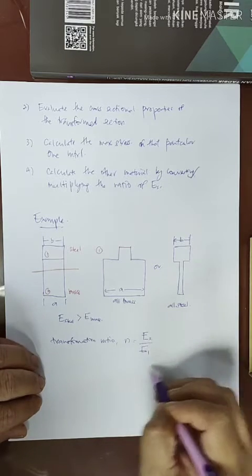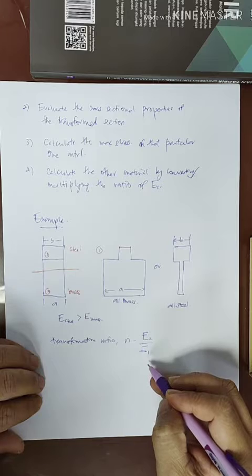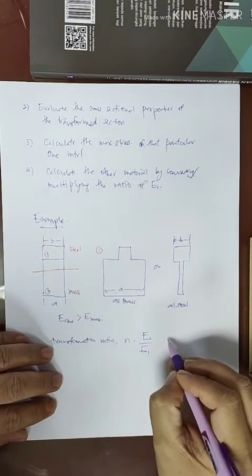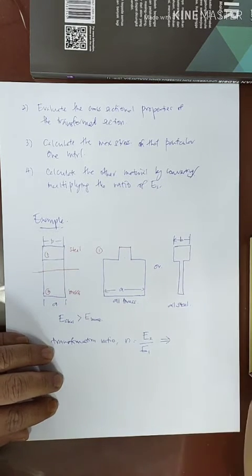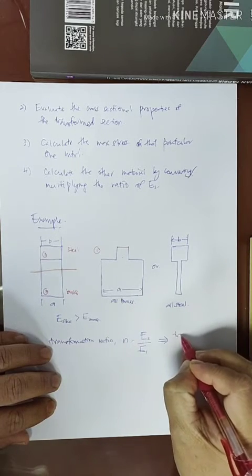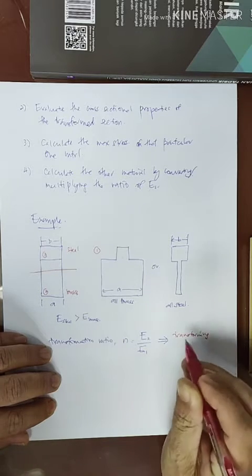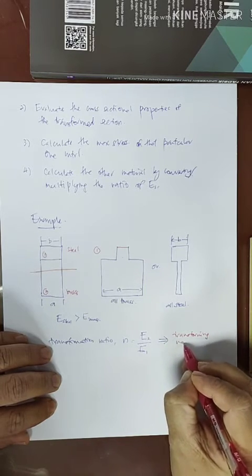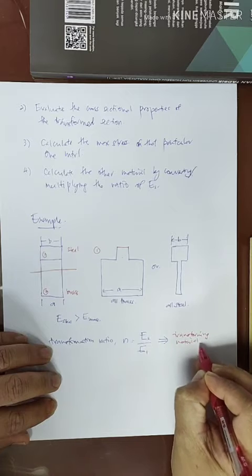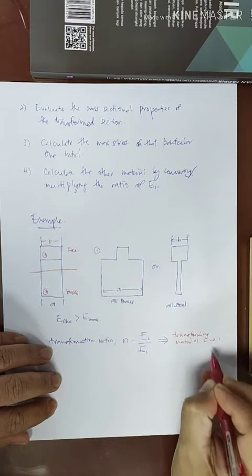If you are using E2 on the top side and E1 on the bottom side, you are transforming material 2 into 1.